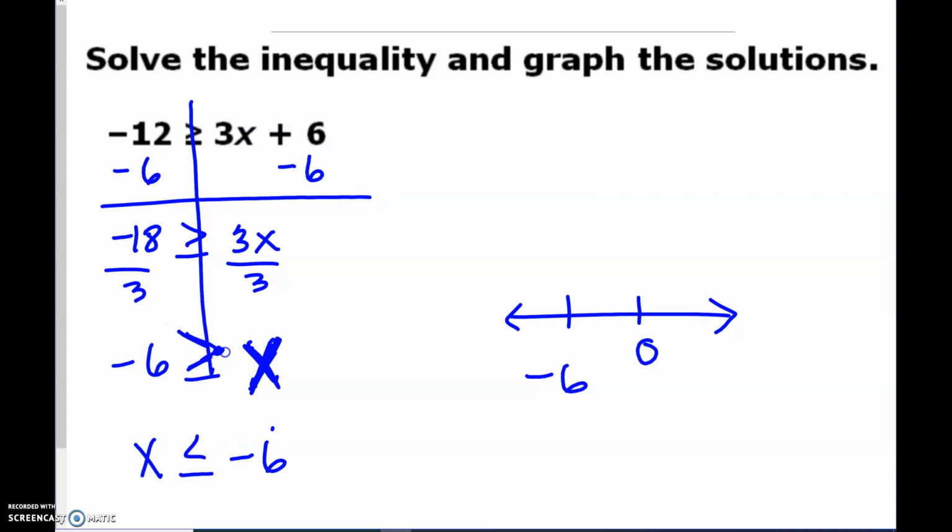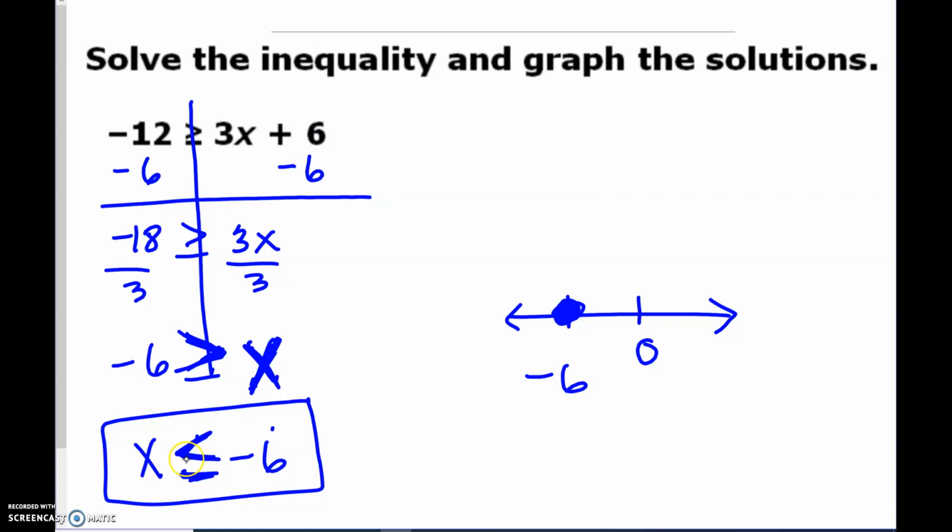It still needs to point towards the x. Now that it is written with your letter first, this helps a lot of kids. So we have the closed circle because we have the line underneath. Now it says any number less than, and less than goes to the left.